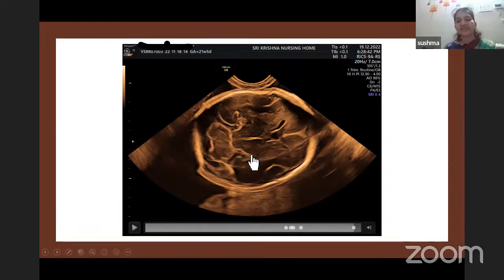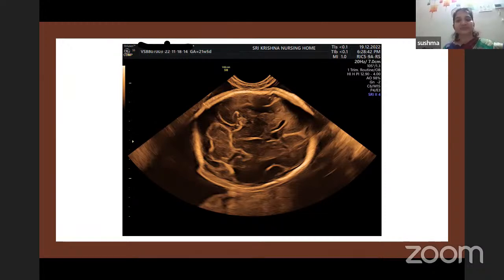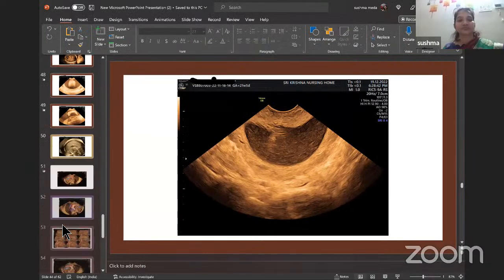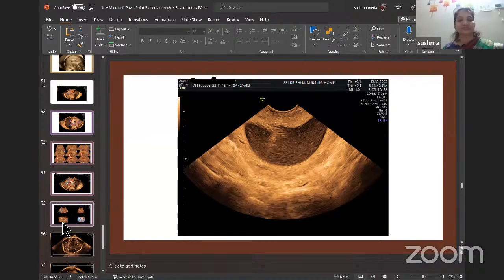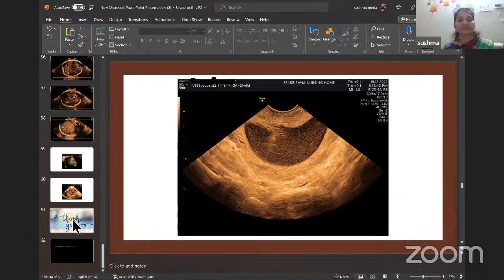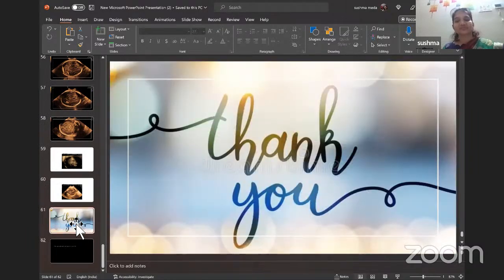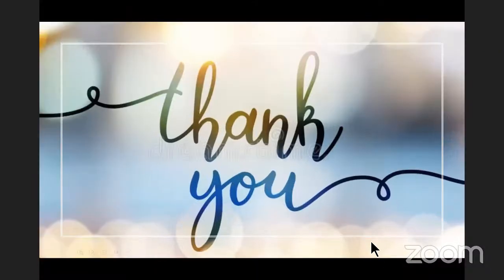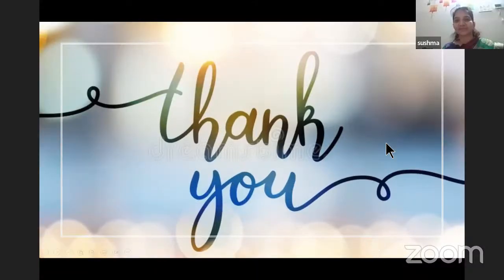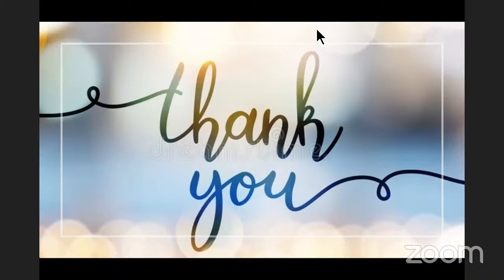Which plane is this, and is this a perfect plane? Transcerebellar.